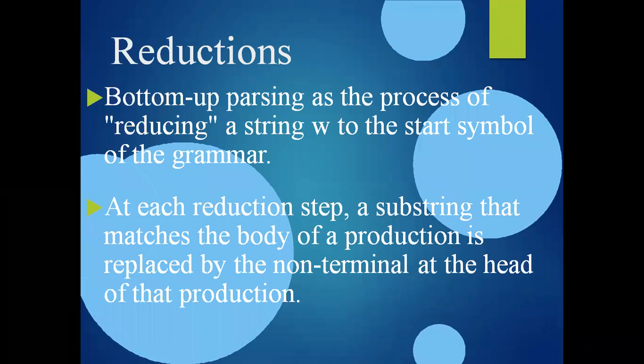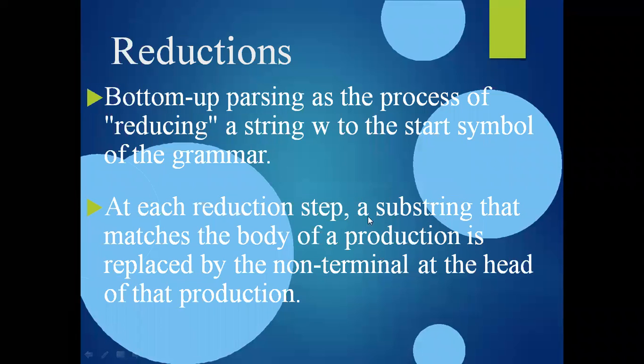But as already explained, the reduction is to identify the RHS of the production rule and replace it by its corresponding LHS. This activity is called a reduction. We can define it either by this statement, or from the slide we can also use the second statement. At each reduction step, a substring that matches.